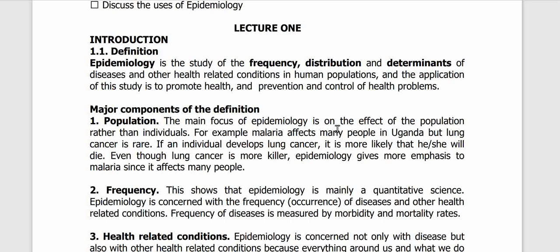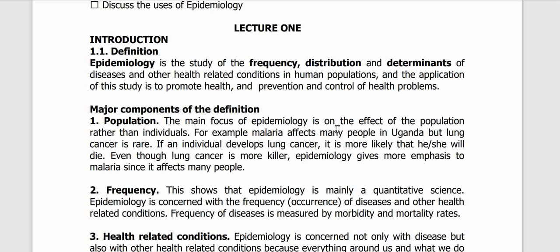For example, we have malaria which may be affecting many people in Uganda, but at the same time we also have lung cancer. However, lung cancer may be rare. So what does it mean? It would mean that epidemiology will focus much more on malaria. Why? Because many more people are being affected than by cancer, which is also dangerous but rare.